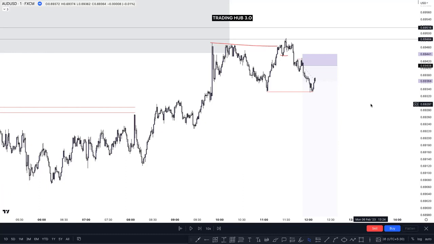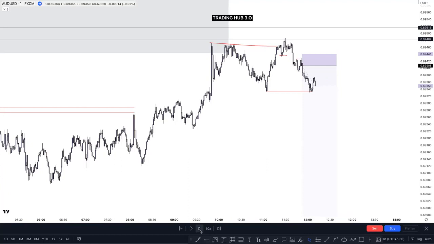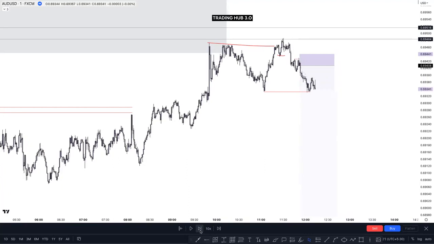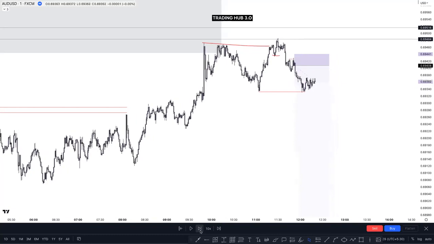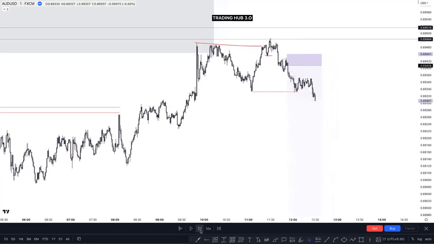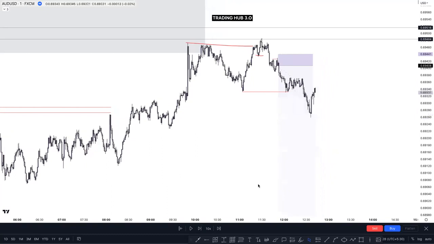So let's see what happened next after this one, and what we can expect here. All right. Okay. Now again, you have to switch here to the 15-minute time frame to see exactly what the market is doing.